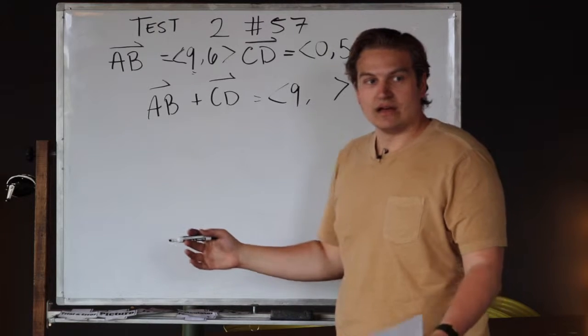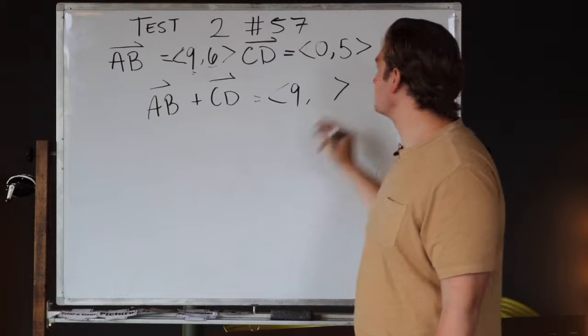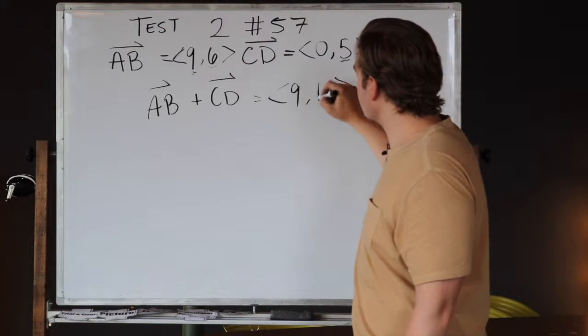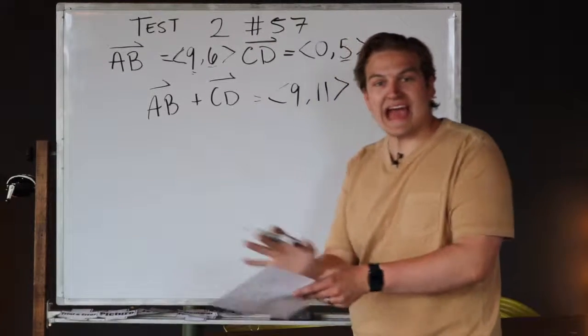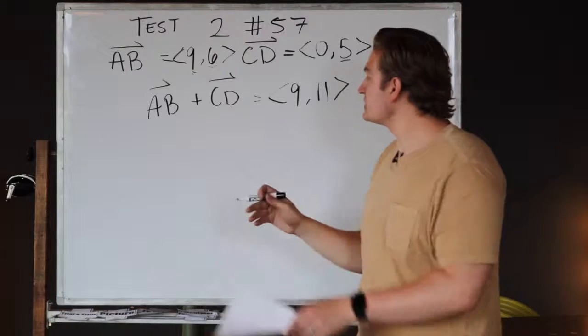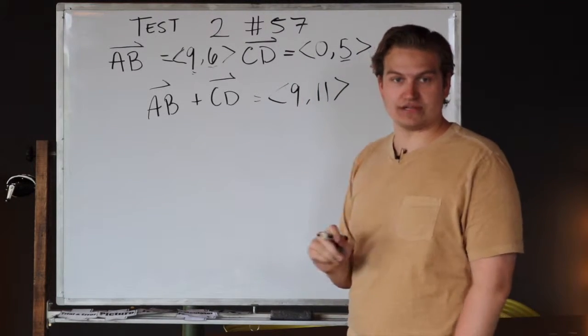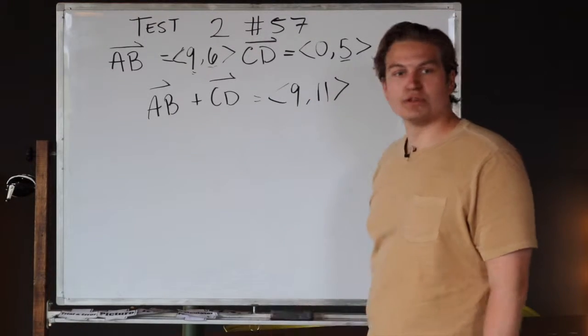And again for the y component, we add the y component of the first vector plus the y component of the second. 6 plus 5 is 11. So if I was to take those two arrows in the picture in your book and add them together, it would produce an arrow that moves to the right by 9 units and moves up 11 units. And this is the vector AB plus CD.